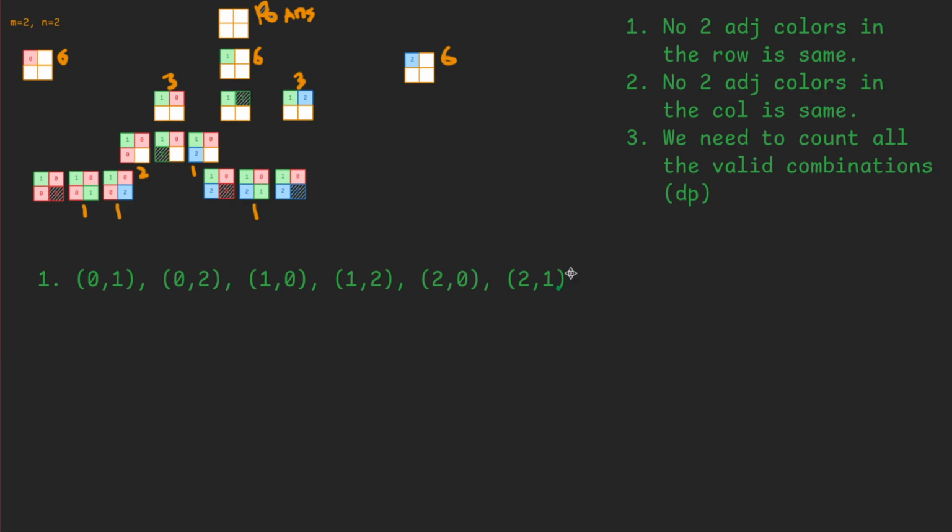We can map each of them. I have a convention that this is mapped to 1, this is mapped to 2, this is mapped to 3, likewise anything, right? So we have this.